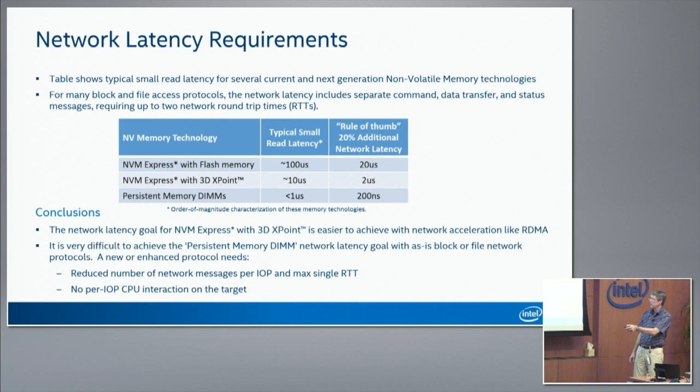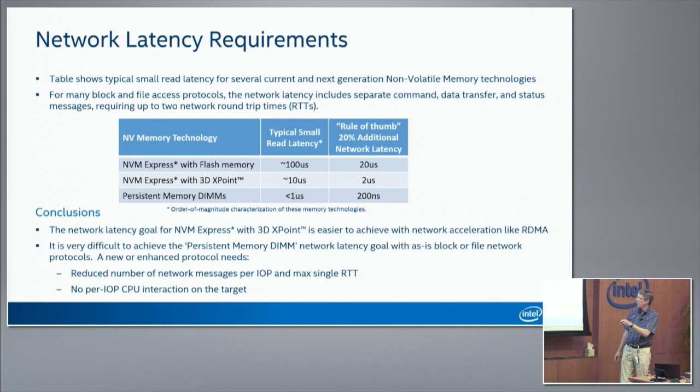One is NVM Express with flash memory, and then a move to 3D crosspoint, and then a move to persistent memory DIMMs. Now these persistent memory DIMMs could be the normal kind of NVDIMMs that are out there today that are DRAM based with flash backup. Or this could also include the 3D crosspoint category. In any event, I'm just trying to do an order of magnitude comparison here. You're going to go from 100 mics down to 10 mics down to 1 mic.